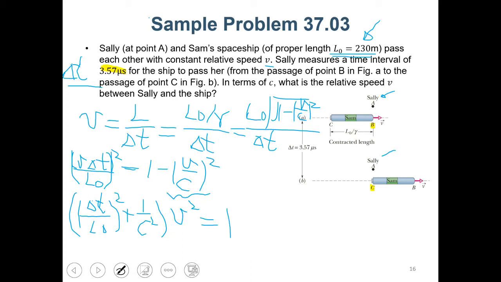So finally we have v equals to delta t over L0 square plus 1 over c square, and this is to the minus 1 over 2 power.